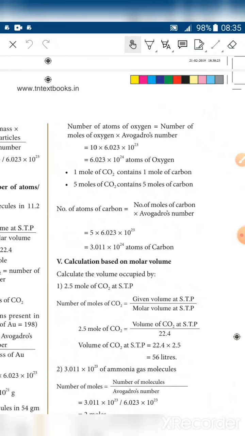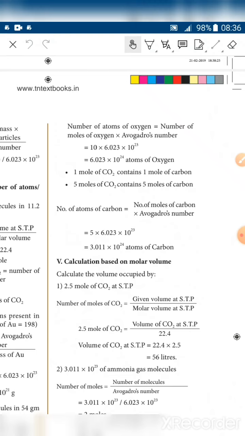Then number of atoms equals number of moles into Avogadro number. 10 moles of oxygen is there in 5 moles of carbon dioxide. So 10 into Avogadro number, that is 6.023 × 10^24. The 10 is used to increase the power of 23 to 24 atoms of oxygen.